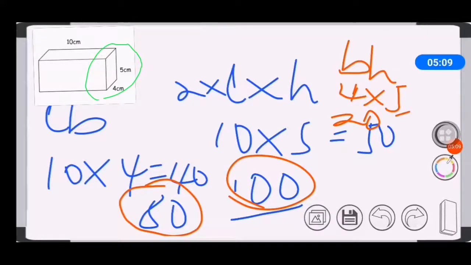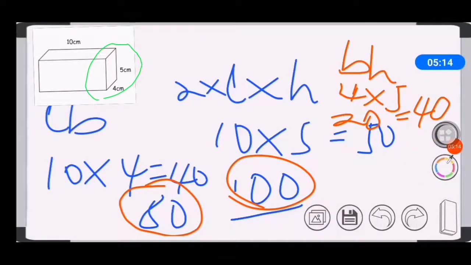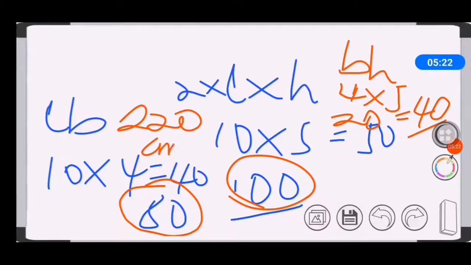Times 2 will be 40 squared centimeters. So now we have 100, 80 and 40. Add them together. That should give you 220 squared centimeters. So you see how I worked out the second method. You can work them individually, then you add them together at the end. All you need is that you have found your area for all the 6 faces of the shape. Get it? Got it? Great.